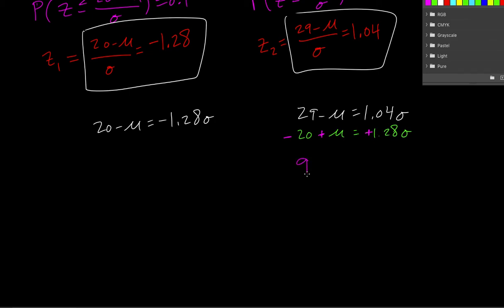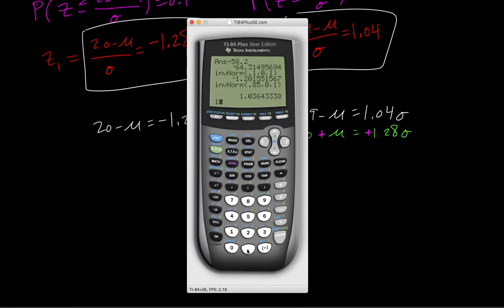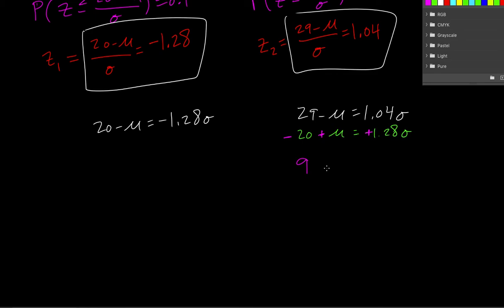So we add these, we get 9. We add these, what do we get? 1.04 plus 1.28, 2.32 sigma. Divide both sides by 2.32.